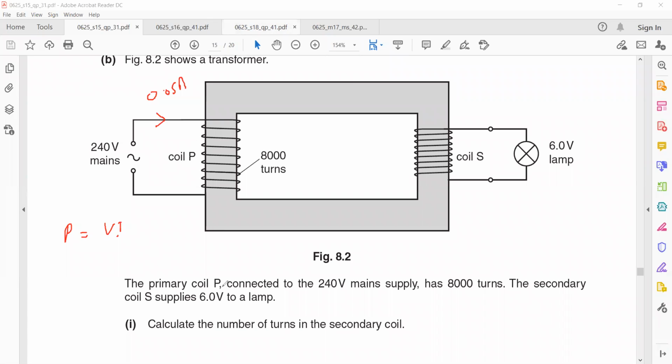So multiply the voltage with the current: 240 into 0.05 gives 12. So the input power is 12 watts. And if the transformer is 100% efficient, then the output power will also be 12 watts. Practically it's not possible, but theoretically it can be 100% efficient.